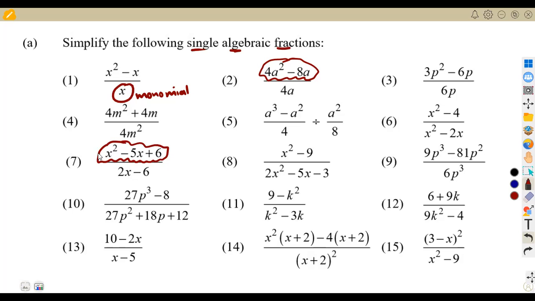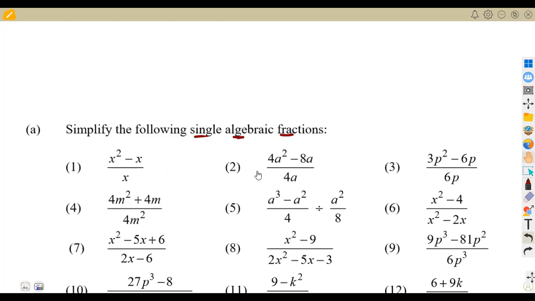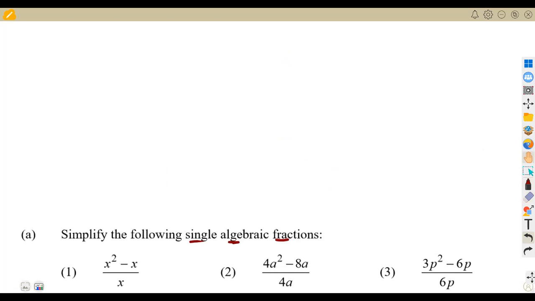And also in the denominator, we can have a binomial or a trinomial. So it's not that you are supposed to have a certain condition to answer a certain question. No, the idea is going to be the same with different types of expressions that you have. As you can see, we've got different layouts of expressions, but you are going to use the same simplification in each and every part that you have.